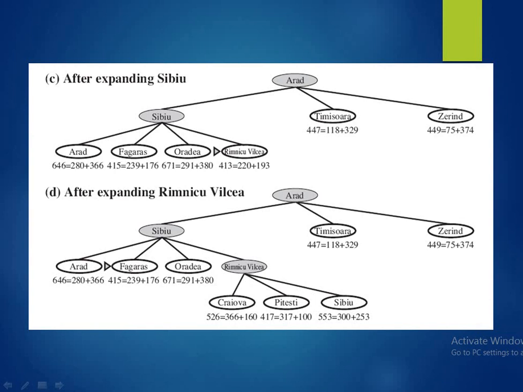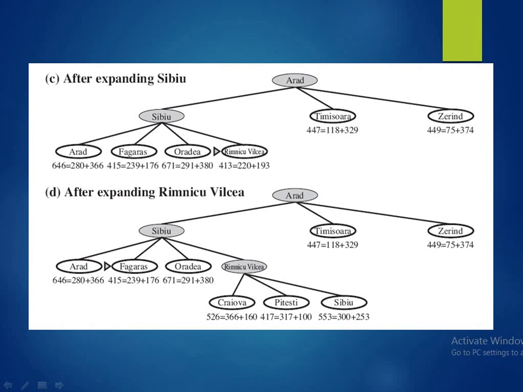If we see the cost here, it is 646 for Arad, 415 for Făgăraș, 617 for Oradea, and Râmnicu Vâlcea has the cost equivalent to 413. So as it has a lower cost, it gets selected.